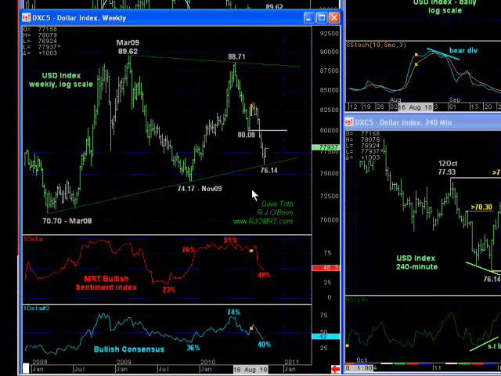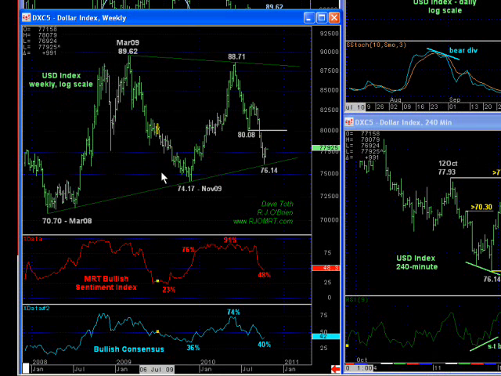This short to intermediate term proof of strength stems from the long term. The market's rejection thus far of the lower boundary of the past couple of years' contracting triangle range, connecting the March 8th low of 70.70 with the November '09 low of 74.17, cuts across right in the 76.14 area that the market has thus far rejected.